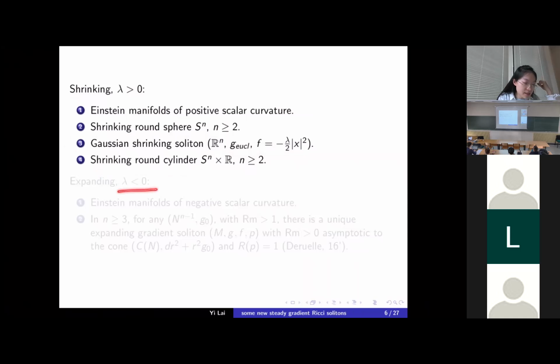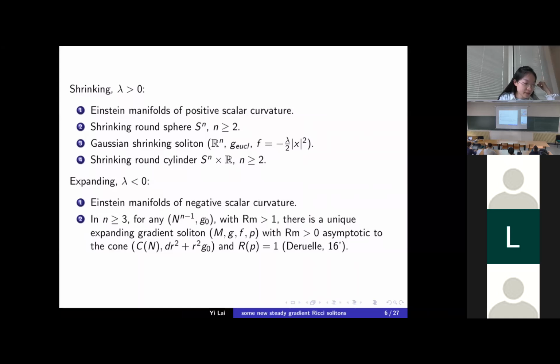And when lambda is less than 0, we have the expanding gradient Ricci solitons. The first we've seen before is the Einstein manifolds of negative scalar curvature, and in particular the hyperbolic surfaces.